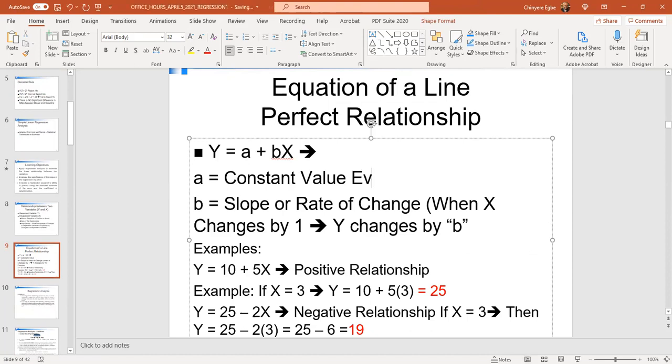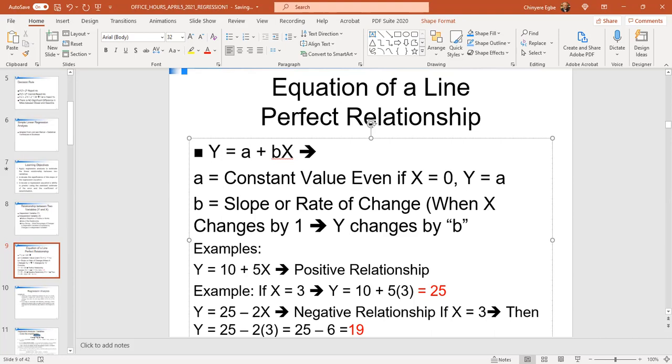Even if x is equal to 0, y will be equal to a, okay? Even if x is 0, right?